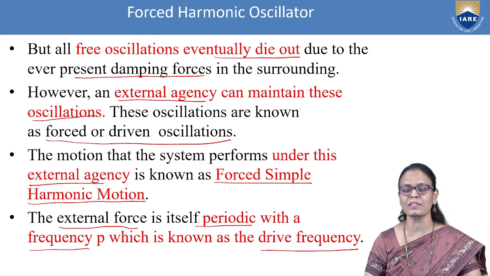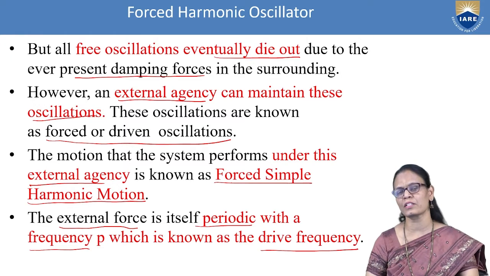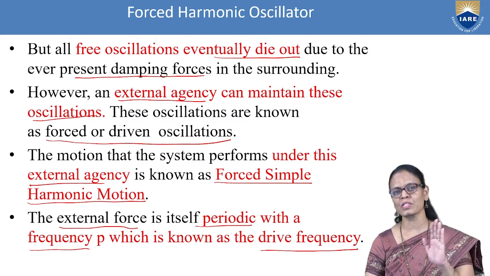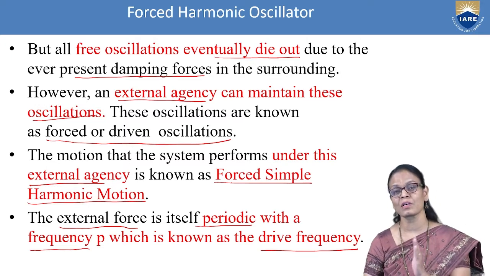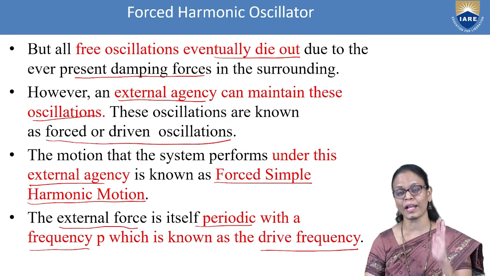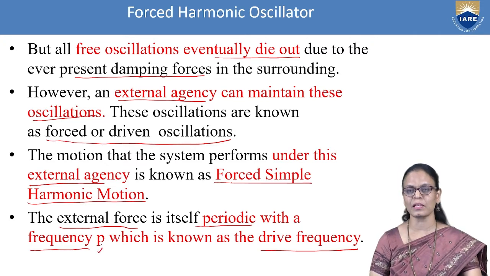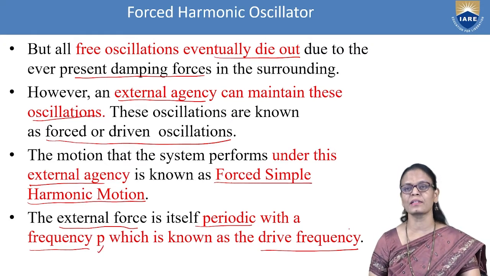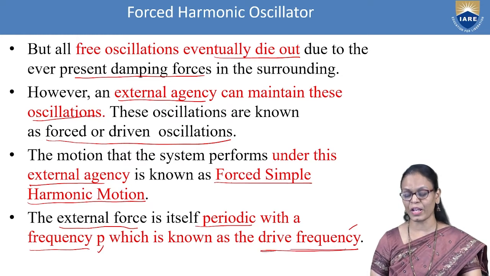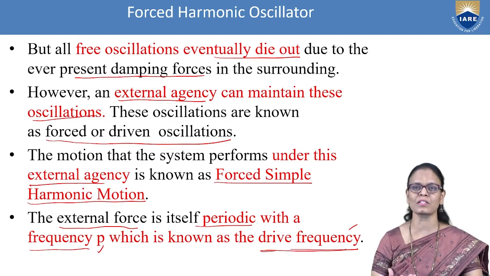Periodic again means it repeats after regular intervals of time. You apply a force to sustain the oscillations. So eventually they start dying out. Again you apply a force. So at periodic intervals we are applying a force with a frequency p. So we call it the drive frequency, the frequency that drives the oscillations or sustains the oscillations.